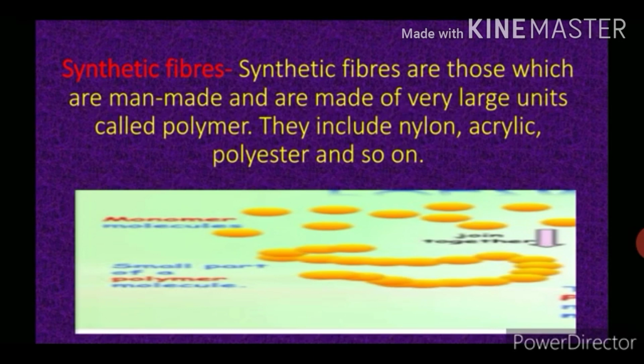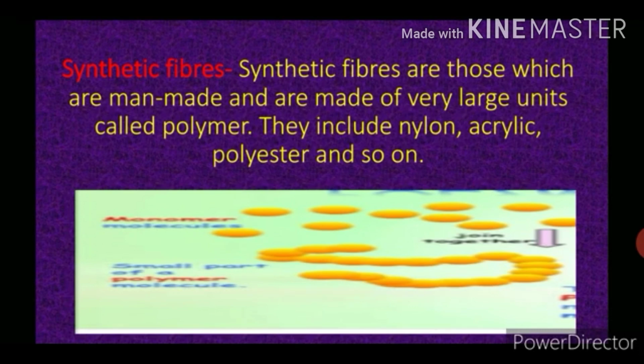When this monomer continuously repeats again and again, then it forms like a chain, that is known as polymer. So basically all the synthetic fibers that you get are the polymers.